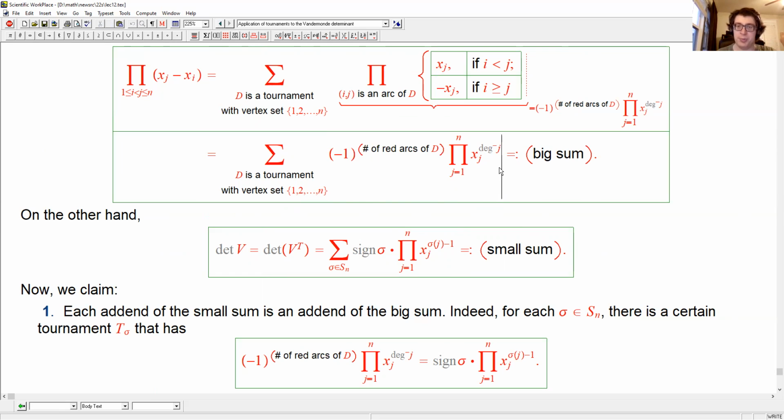So this product being the same means that the in-degrees are the same. So every vertex of one tournament and the corresponding vertex of the other have the same in-degree. This is plausible because the number of possible in-degree combinations is much less than the number of possible tournaments. You are expecting some repetitions there.